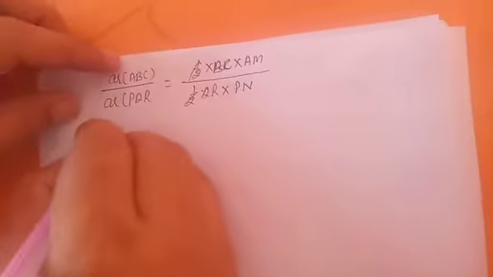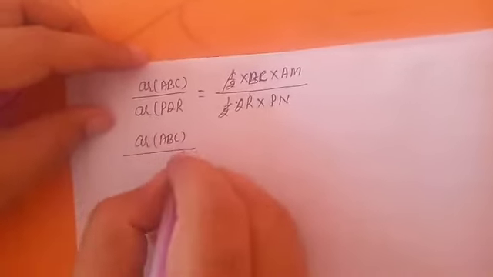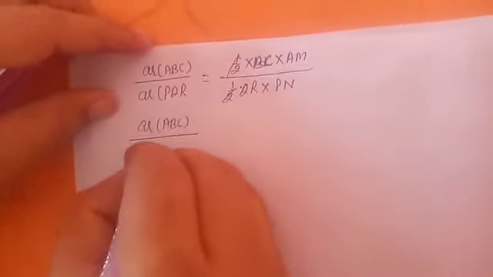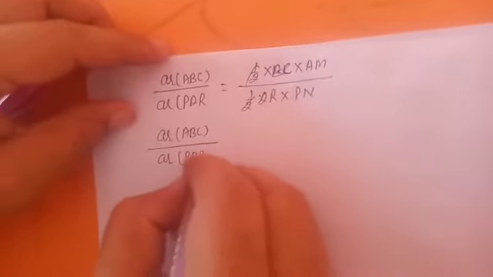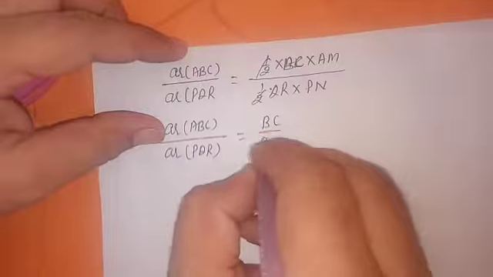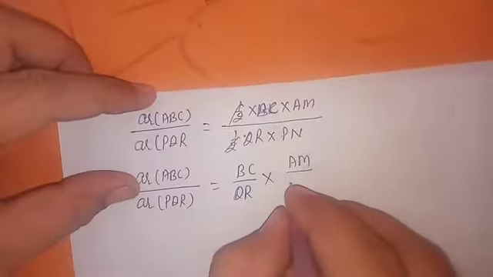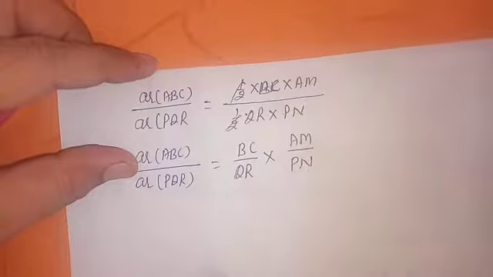This half cancels. It means area of triangle ABC by area of triangle PQR is equal to BC by QR into AM by PN.